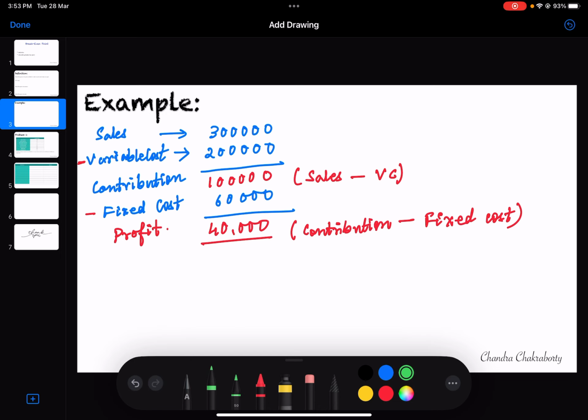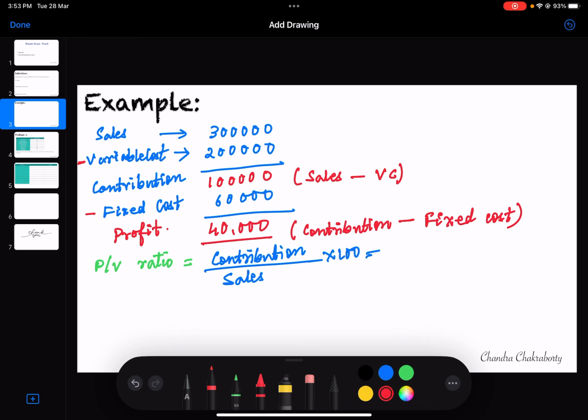Now you want to calculate the PV ratio. So how will you do it? Very simple. PV ratio equals contribution by sales into 100, right? So let's do it.